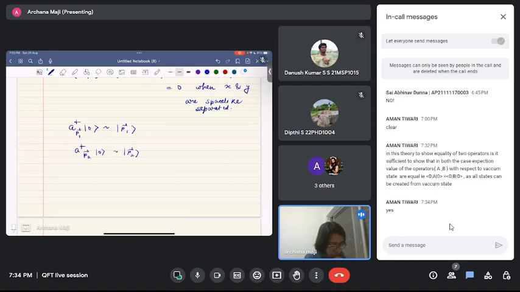It may happen that when you are taking the commutation, taking the expectation value with respect to 0, you get the same thing here, but that wouldn't mean that the two states you have created initially are the same.